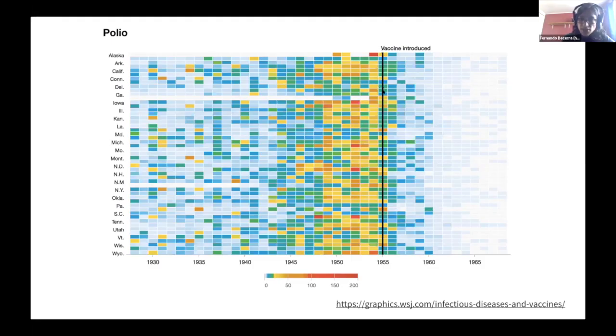And we immediately see a huge drop in the number of cases. Nowadays, we don't even have that many. So this is very revealing to say how effective vaccines are, that the introduction of the vaccine almost completely eradicated polio from the US. And this story is just there, it doesn't need too much text, it's just showing the numbers in a way that is so easy to process that you immediately realize the importance of vaccines.